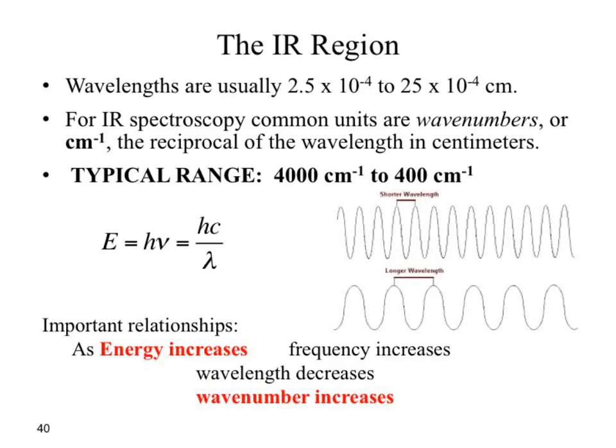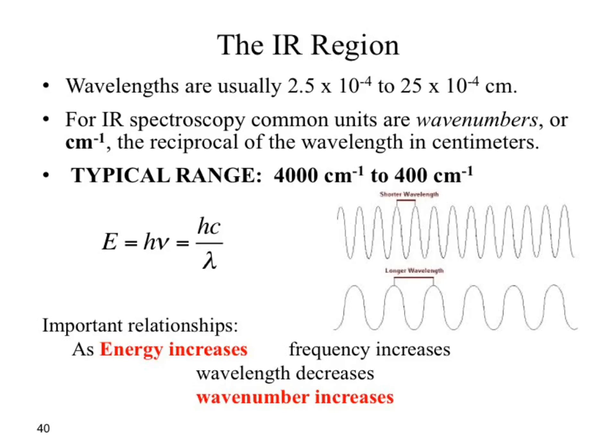What is the unit on wavelength? It's a distance, like centimeters. What's the unit on frequency? Hertz, per time. Is this frequency? No. Is it wavelength? No. What is it? One over our wavelength, which we define as wave numbers.